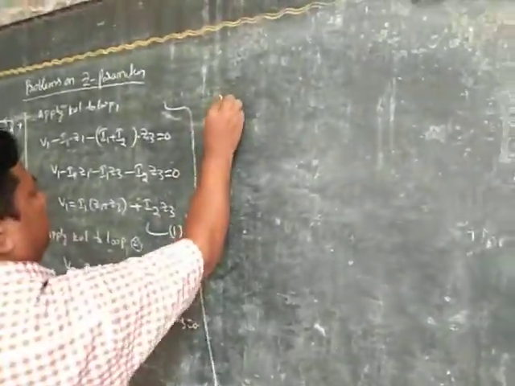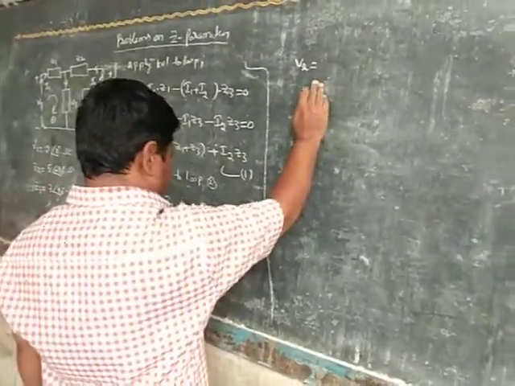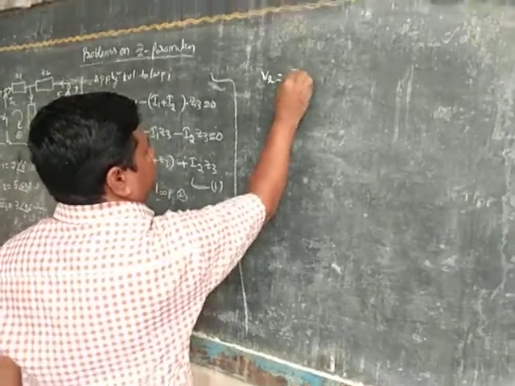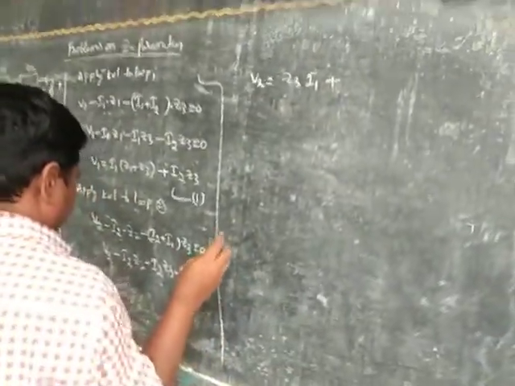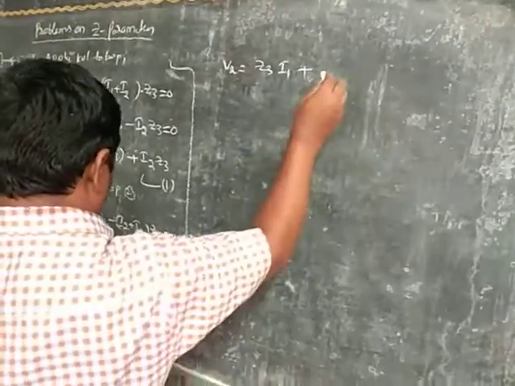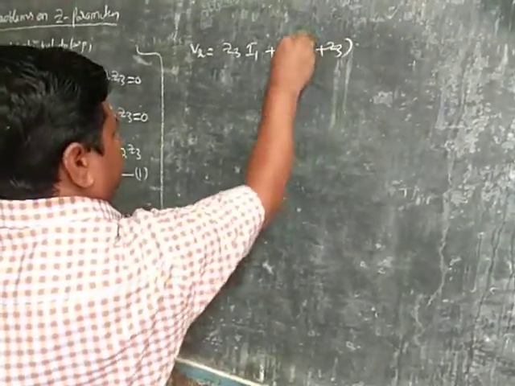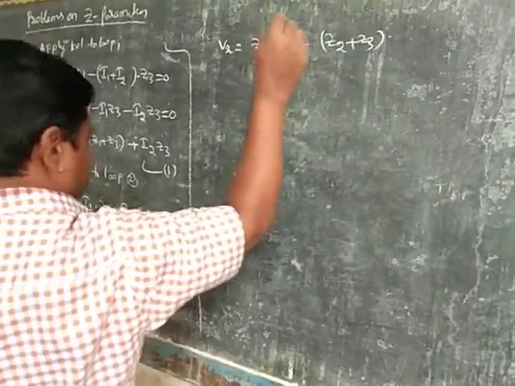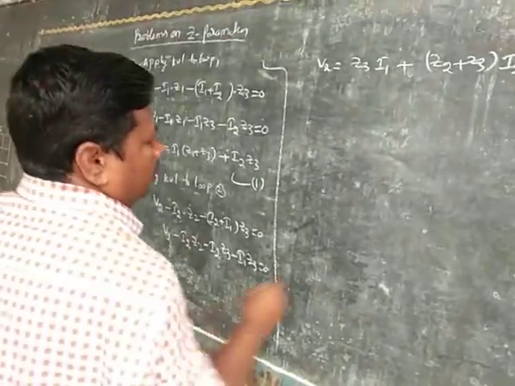So from that, V2 is equal to Z3 I1 plus Z2 plus Z3 into I2. This is the second equation.